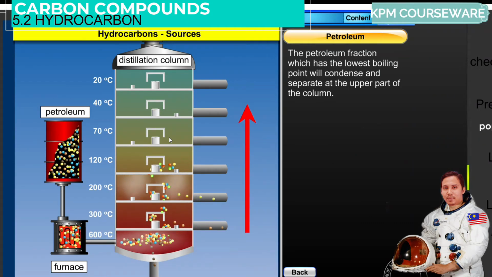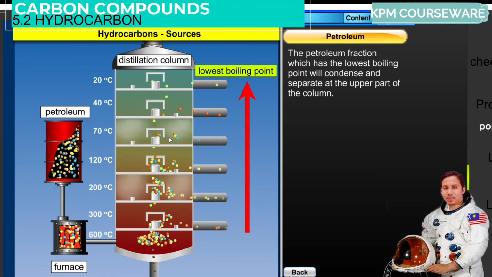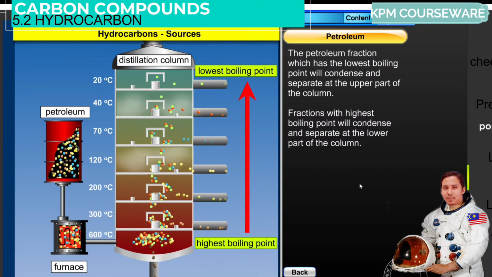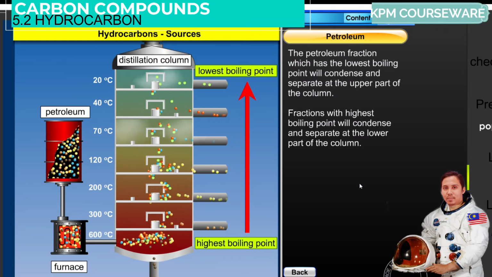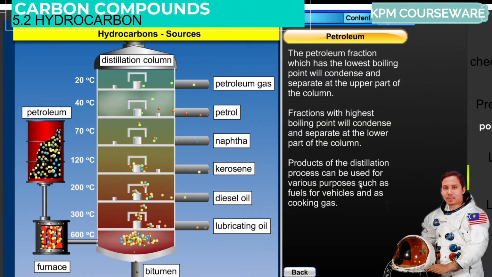The petroleum fraction, which has the lowest boiling point, will condense and separate at the upper part of the column. Fractions with highest boiling point will condense and separate at the lower part of the column. Products of the distillation process can be used for various purposes, such as fuels for vehicles and as cooking gas.